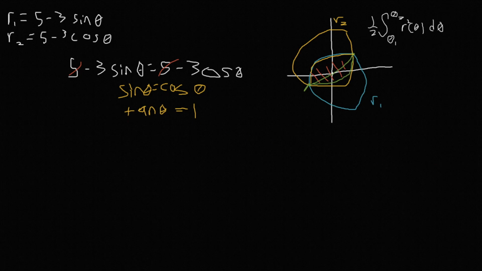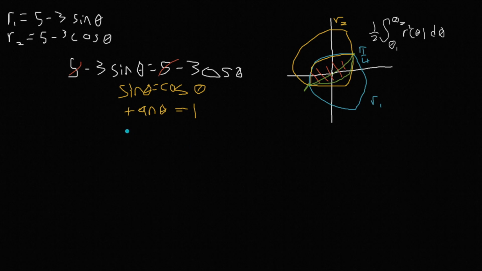When is tangent theta equal to 1? That is going to be at a reference angle of pi by 4. That's because sine of pi by 4 is square root 2 over 2, and cosine of pi by 4 is square root 2 over 2. Dividing square root 2 by 2 by itself, we get 1.